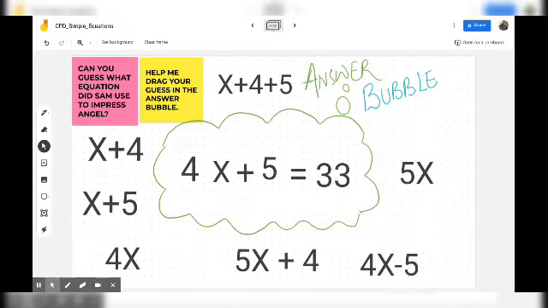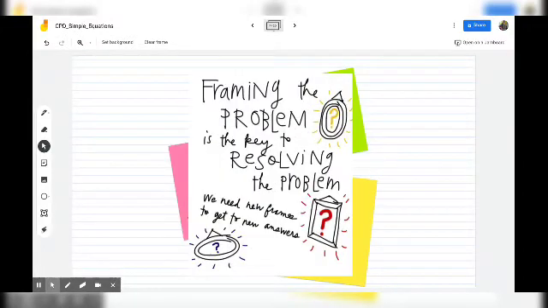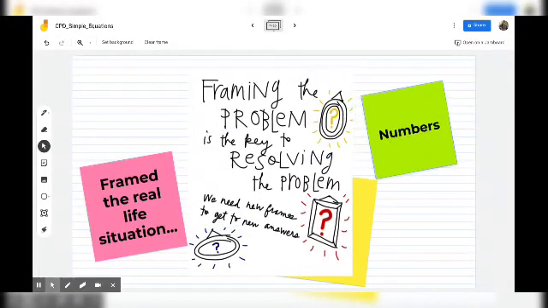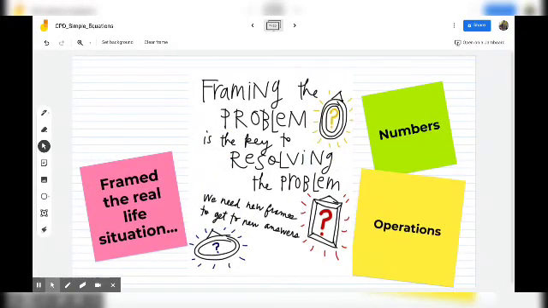Now that this expression is equal to 33, it means that this is the equation which Sam now needs to solve. We found out Sam's secret method to impress his friends. Now we know that Sam framed a real-life situation with the help of numbers and operation signs. This is exactly what we will do in the rest of the questions.